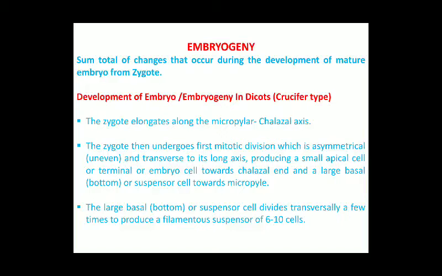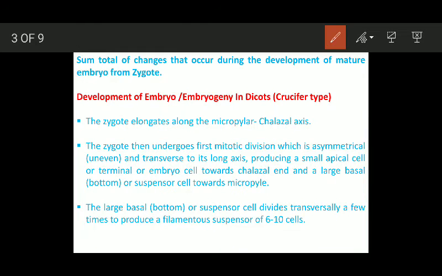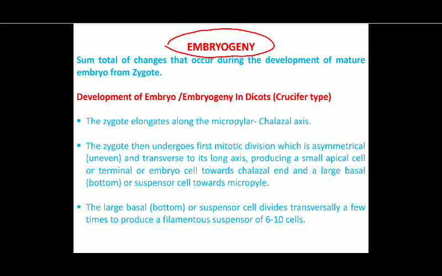Today we are going to talk about embryogeny. First of all, what is the definition of embryogeny? It is the sum total of all the changes that occur during the development of mature embryo from the zygote.